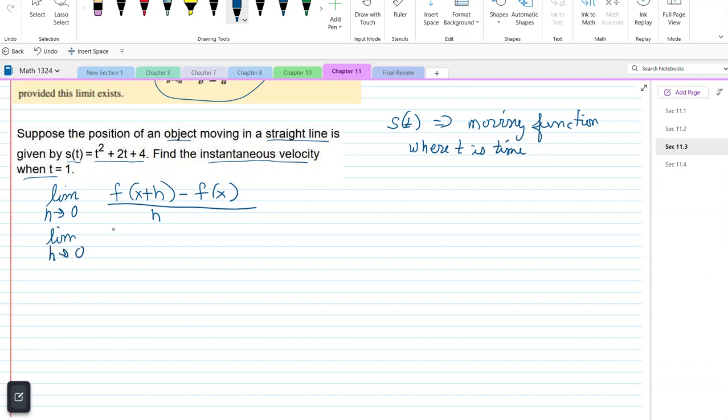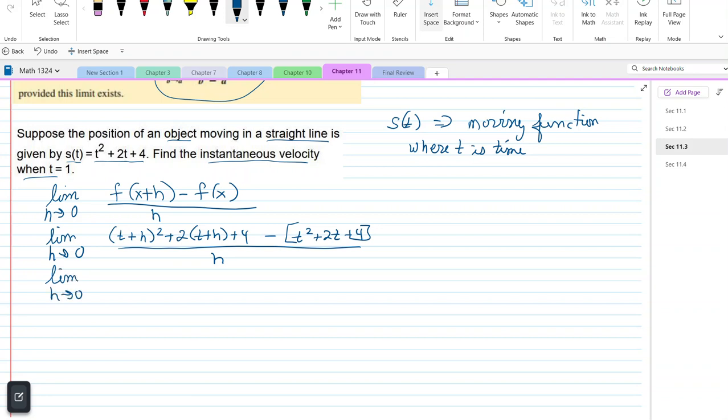We're going to have s of t plus h, squared, plus 2 times t plus h, plus 4, minus t squared plus 2t plus 4, all divided by h. Then we're going to take the limit as h approaches 0.